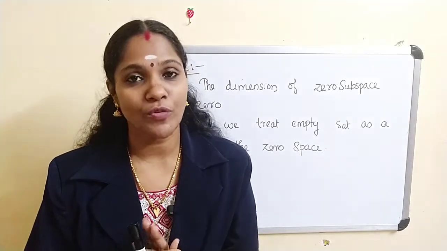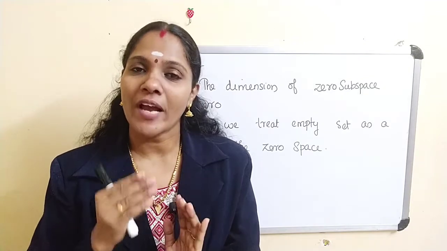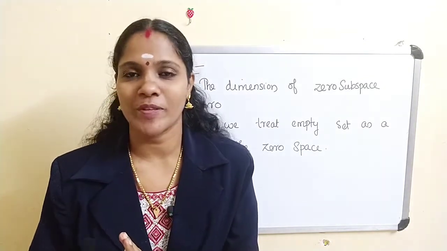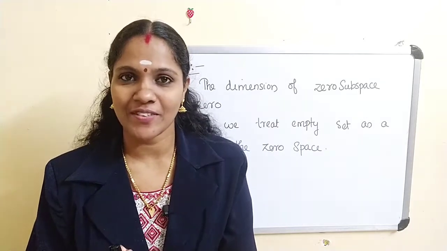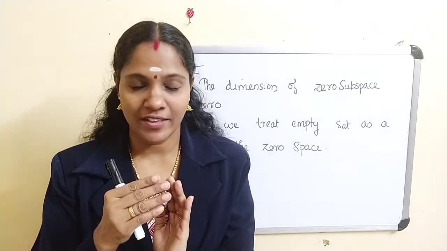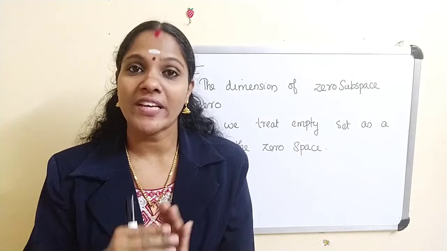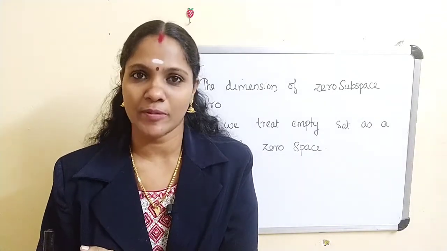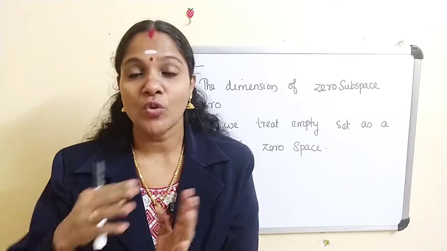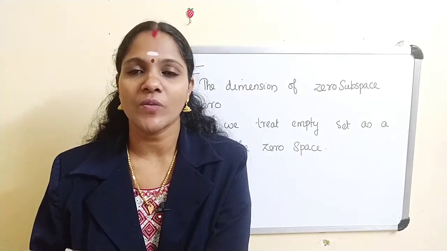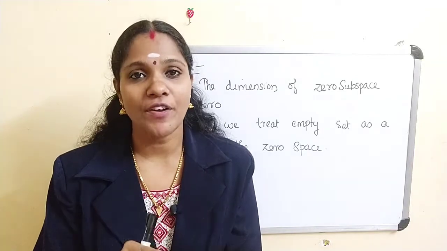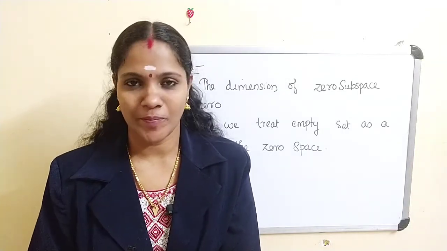The empty set is a subset of every set, so it is contained in all the subspaces of V. The set {0} is contained in all the subspaces, so the intersection of all subspaces gives the set {0}. The span of the empty set is {0}.